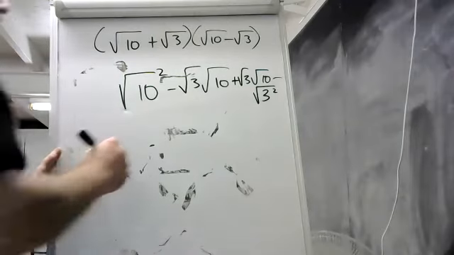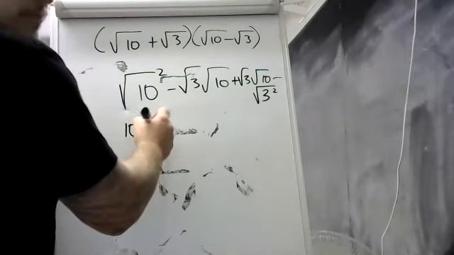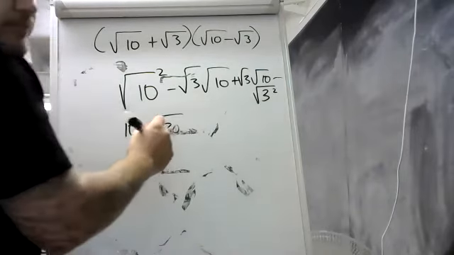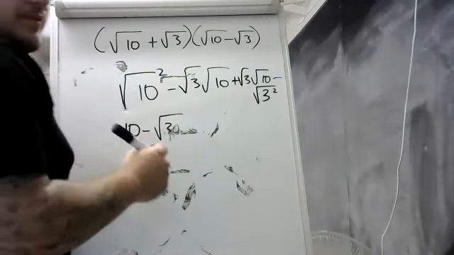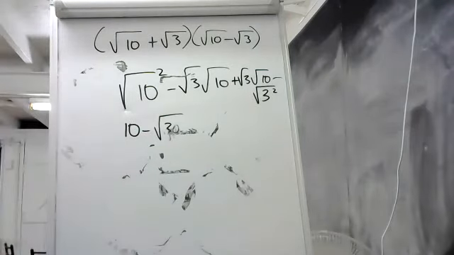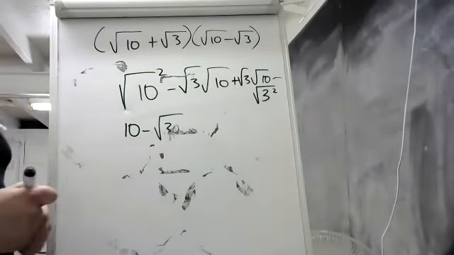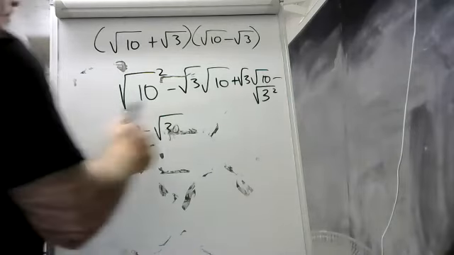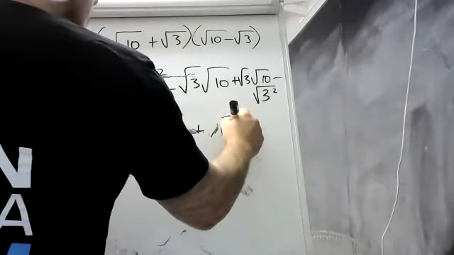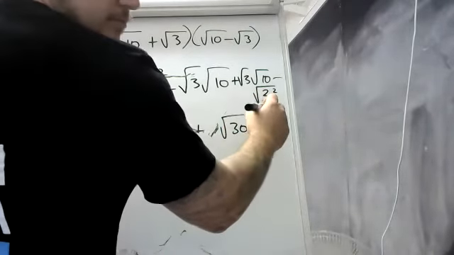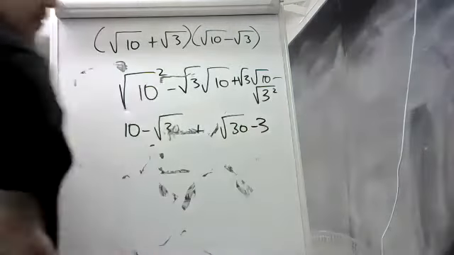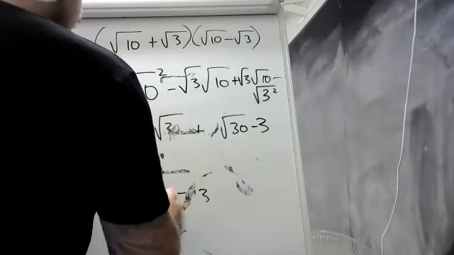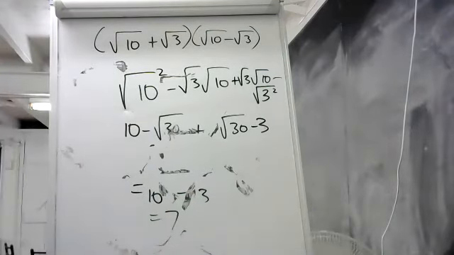And then we have 10 minus the square root of 3 squared. Perfect. So that would give us 10 minus 3, and that equals 7. Perfect.